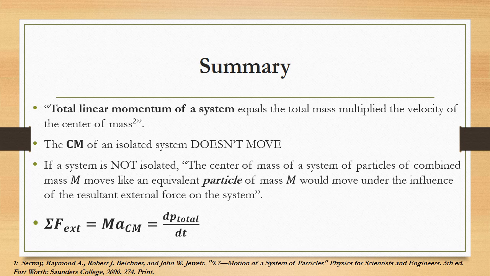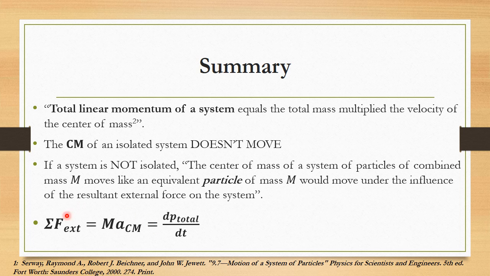If we see a problem where momentum is not conserved, a system is not isolated, we can just use Newton's second law and apply it to a system of particles. So the sum of forces external to the system is equal to big M again, meaning the mass of all the particles in the system, times a sub cm, meaning the center of mass acceleration.